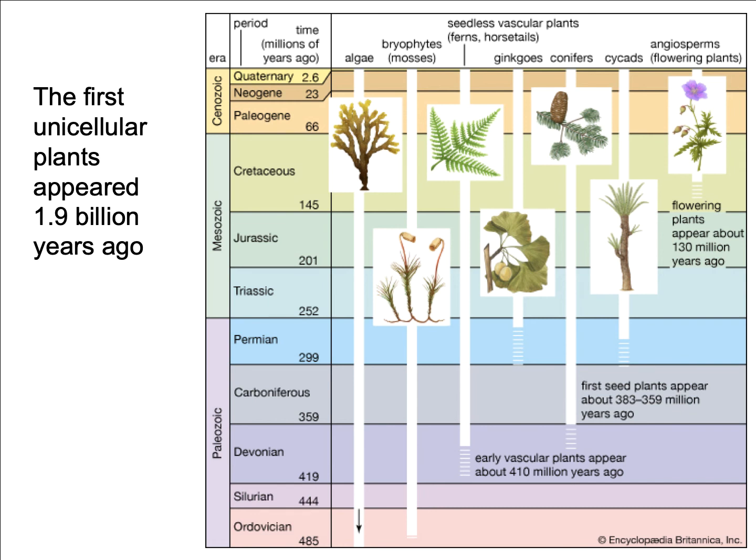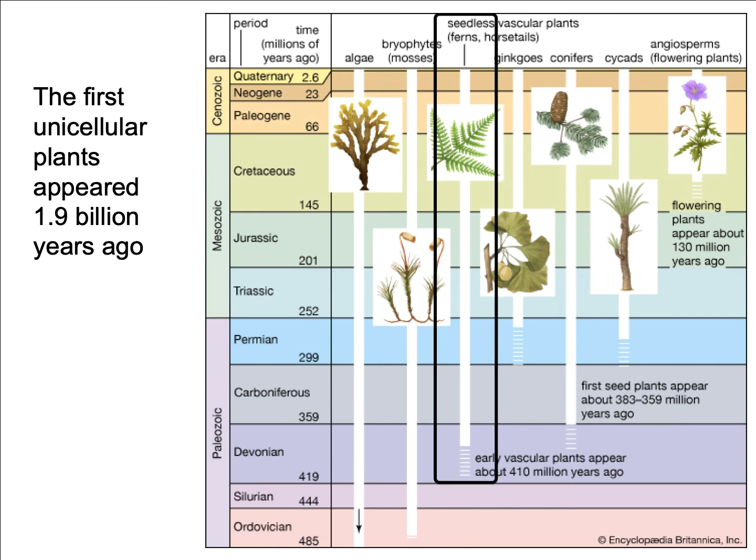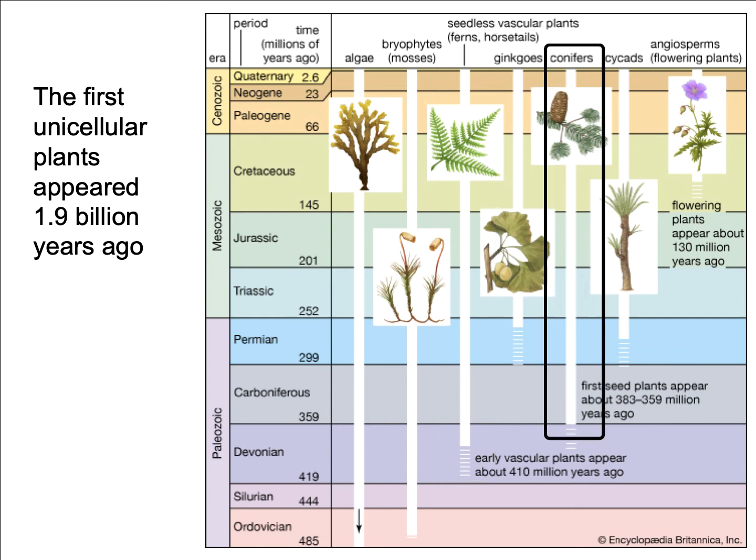Both green algae appeared, and so there's a whole line of red and green algae from 1.9 billion years ago to the present. And then bryophytes, or mosses, and then ferns, which predominated from about 410 million years ago up until about 100 million years ago. And ferns were one of the first rudimentary vascular plants.